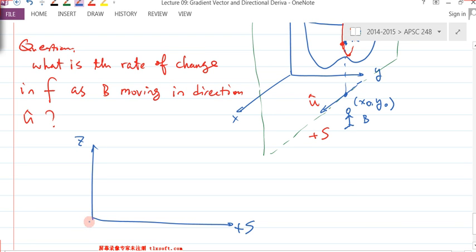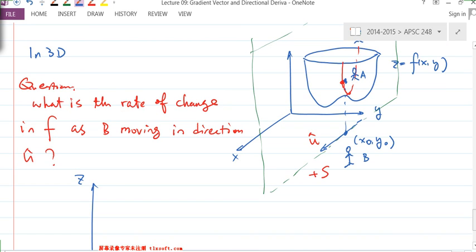You have to draw it like this, because your positive S cannot be drawn this way; if you look at it from the front, it's always this way. So here's Z, here's positive S. This is Z, and this is S.